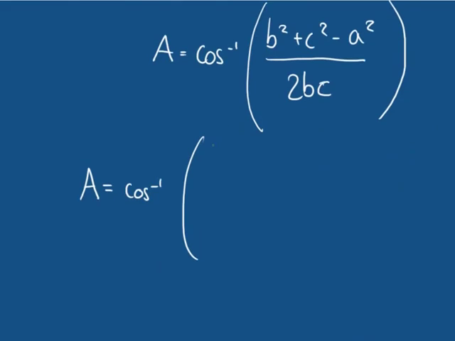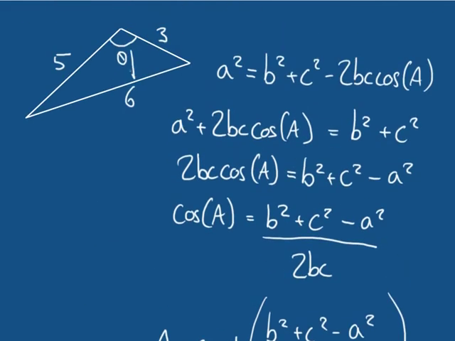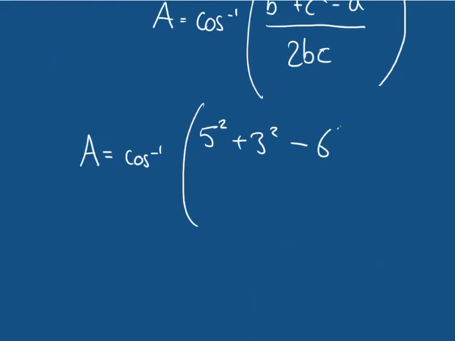So let's say it's equal to 5 squared plus 3 squared minus a was 6. Again, that's the important part. a is opposite our angle, so a is 6. Over 2 times b, which was 5, times c, which was 3.